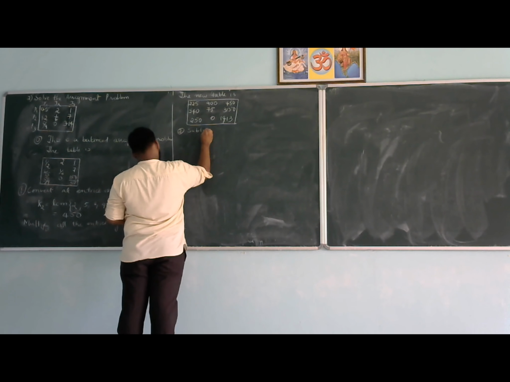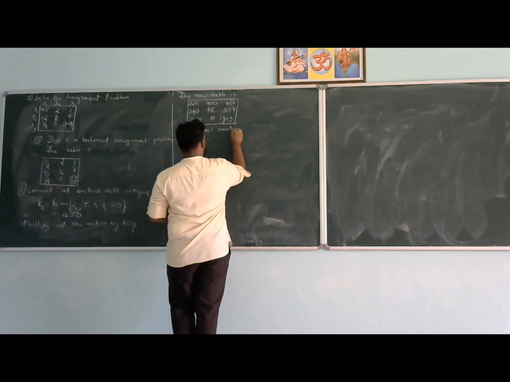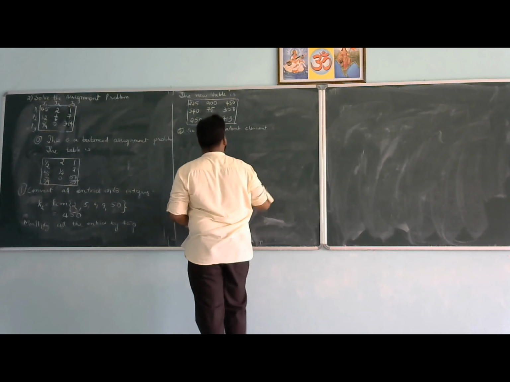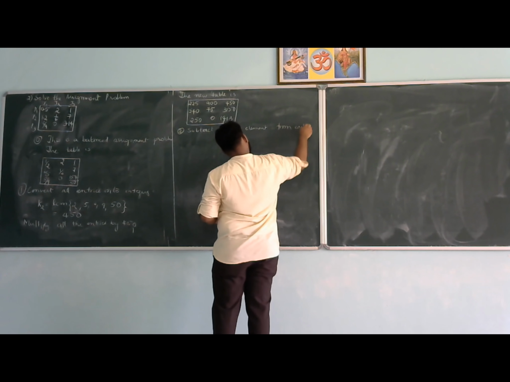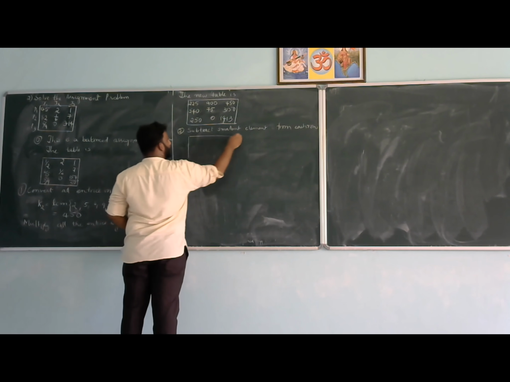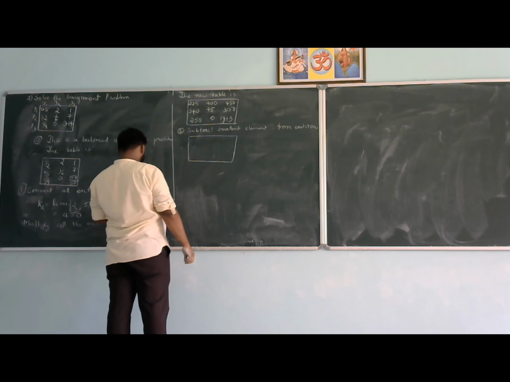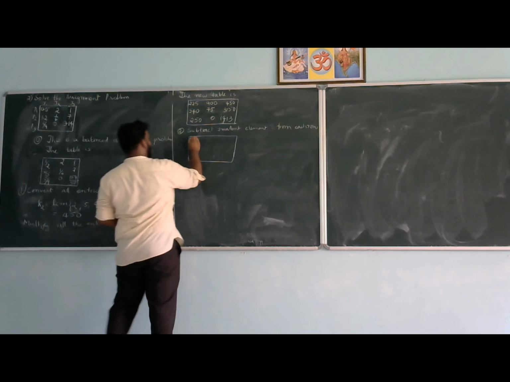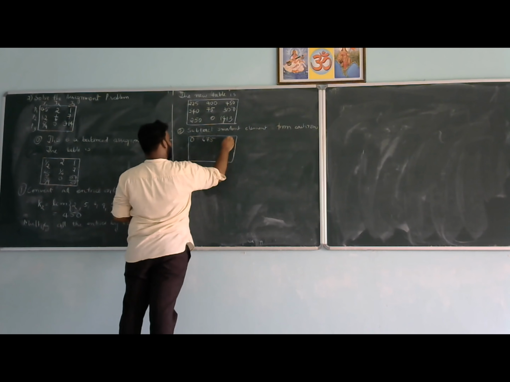Subtract the smallest element from each row. So the reduced table would be: 225 is the smallest entry here, so you will get 0, 675, and this is 225.